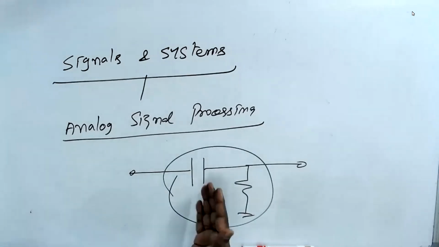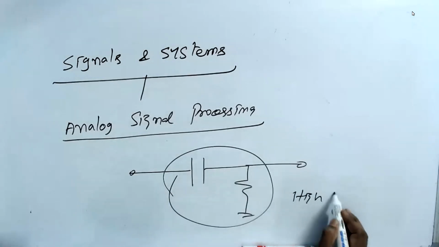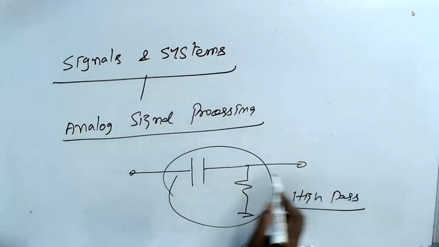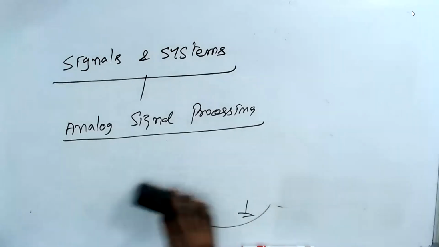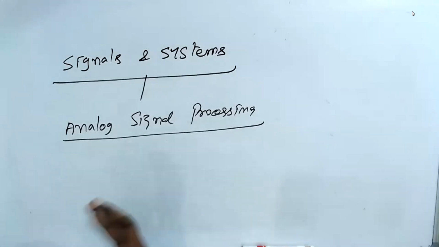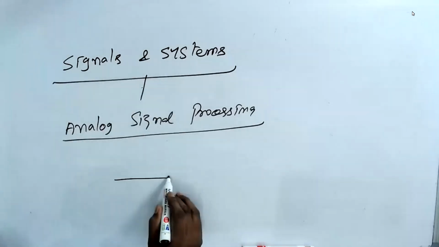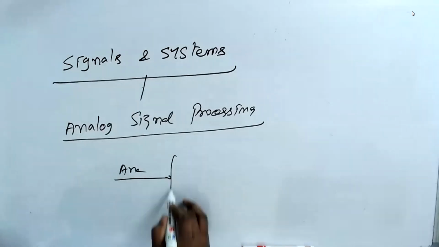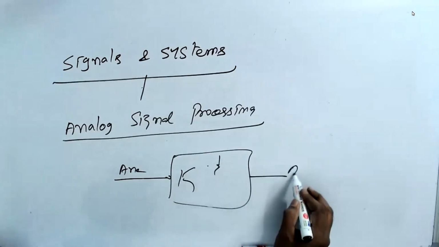This is a high pass filter. If you want to know how it is a high pass filter, then watch our analog electronics videos. Now, in this case, we give an analog input, and the circuit uses transistors and everything, and we get analog output.